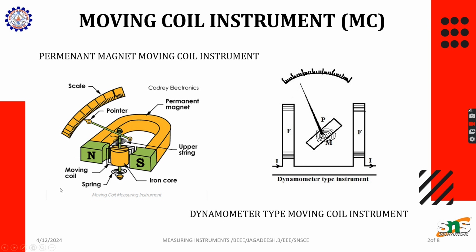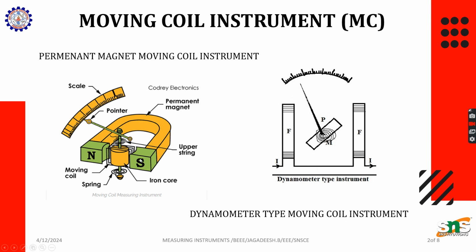Another specific part is the moving coil. Because of these two magnets, and also the EMF induced in the core, there is a torque production in the moving coil. When there is a torque production, the moving coil will start to rotate.